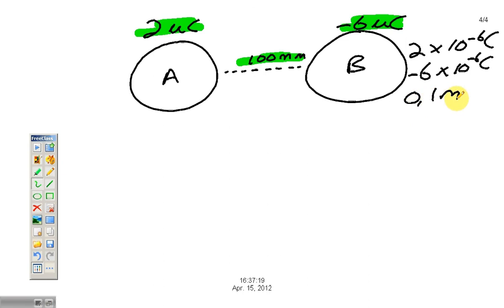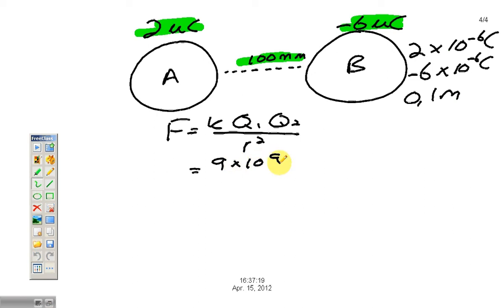We're now going to substitute straight into the formula F equals K Q1 Q2 over R squared. K is 9 times 10 to the 9, times 2 times 10 to the -6, times 6 times 10 to the -6. Now I know some of you are saying, why aren't you putting the minus in?